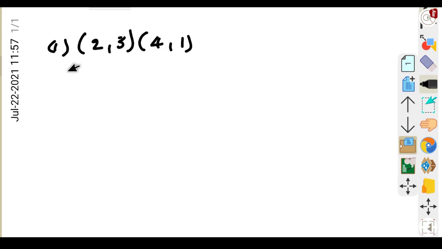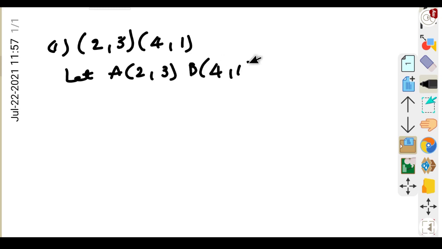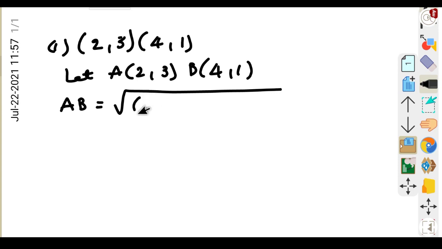Now let me write, let A(2, 3) and B(4, 1) be the points. You need to find the distance between A and B. So I'll write the formula now. The formula says square root of (x2 minus x1) whole square plus (y2 minus y1) whole square.